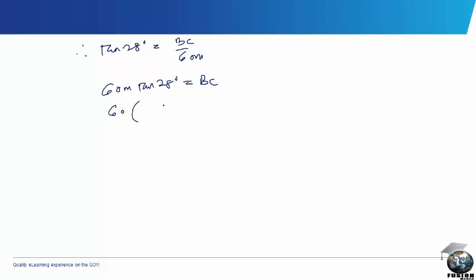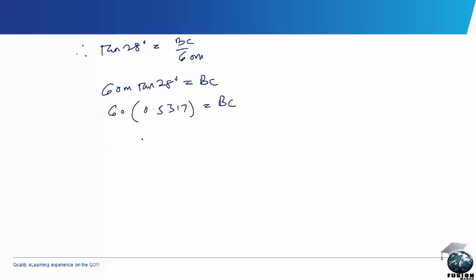You can say therefore tan of 28 degrees is equal to BC over 60 meters, which implies that 60 meters times tan 28 degrees is equal to BC. Which is as good as saying 60 times tan 28, which is 0.5317, equals BC.